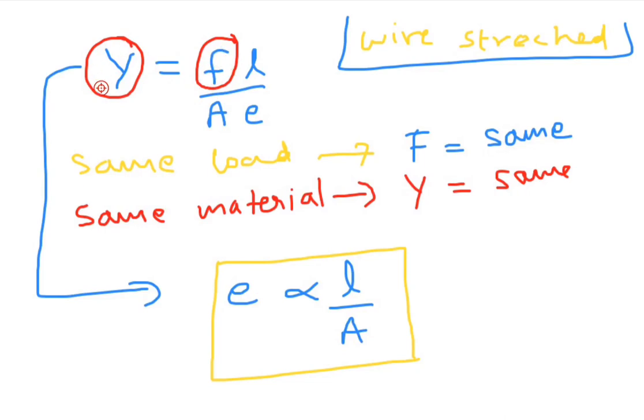When Y is constant, the same material of wire is taken, so Y will remain constant. So we can write E is proportional to L by A. That is the formula we have to write. I hope you got the idea of how we got E is proportional to L by A.